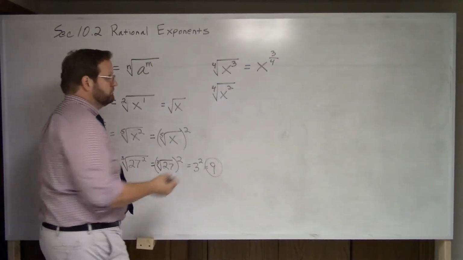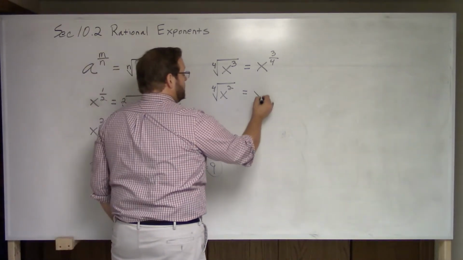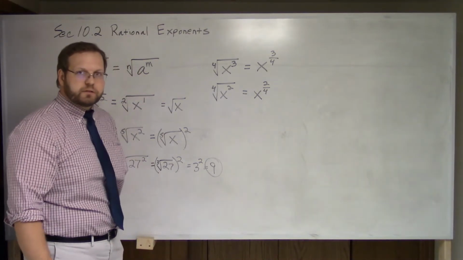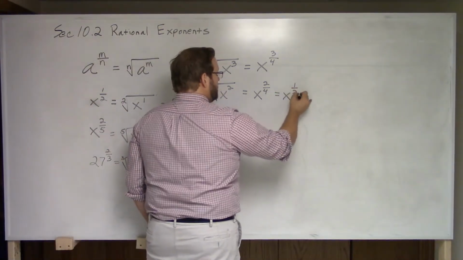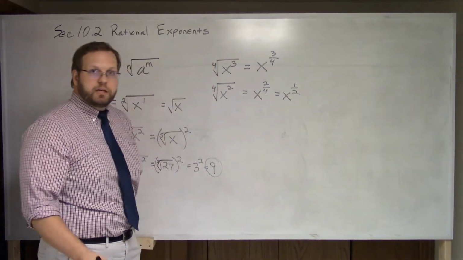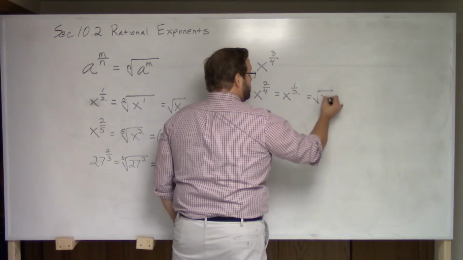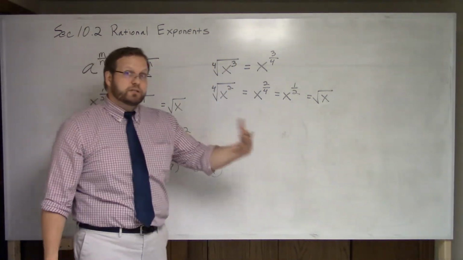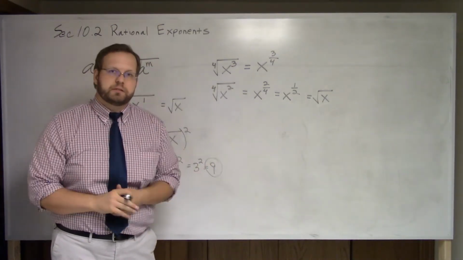Okay? No big deal. We can't really do anything with that, but if we write it as a rational exponent, what's 2/4? 2/4 is a 1/2. If we translated that back to a radical, that would just be a square root of x. So what this allows us to do sometimes is simplify radicals that otherwise we wouldn't be able to touch.